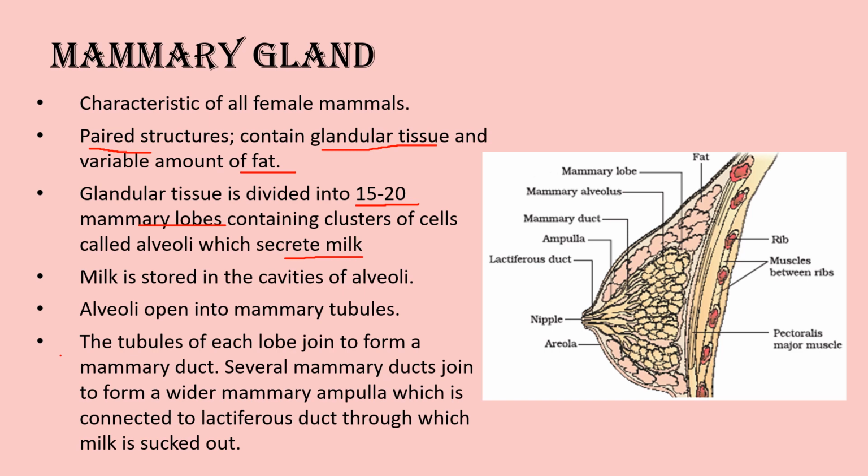Milk is stored in the cavities of alveoli known as lumen. Alveoli opens into mammary tubules which join to form mammary duct. Several such mammary duct will join to form a wider mammary ampulla which is then connected to the lactiferous duct through which the milk is sucked out.